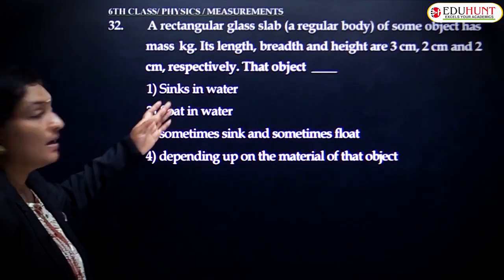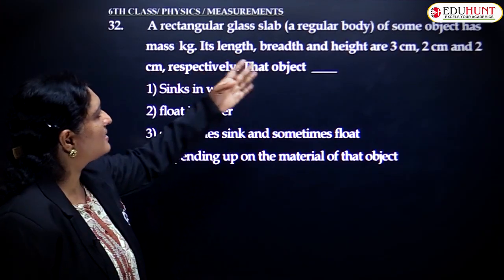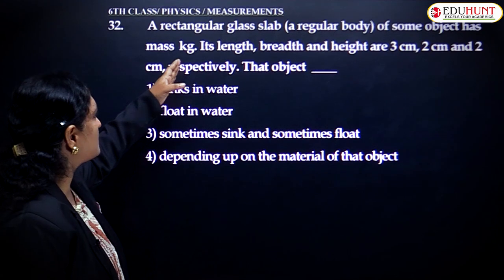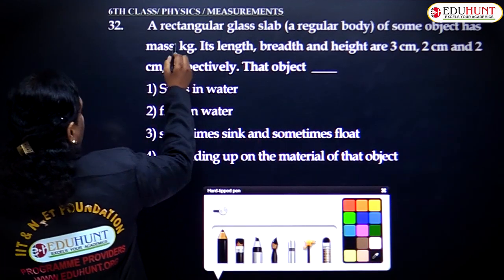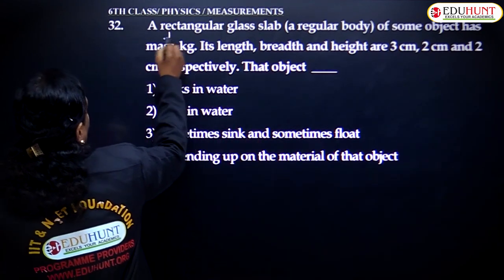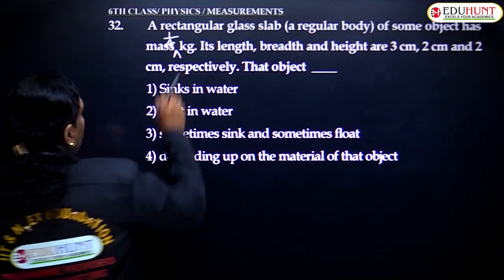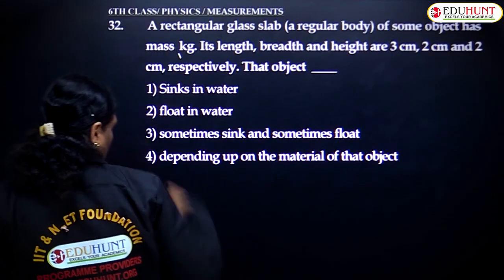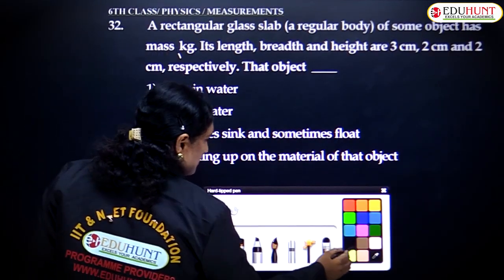So next. A rectangular glass slab of some object has mass, this mass you correct it as 1 by 4 kg, children.